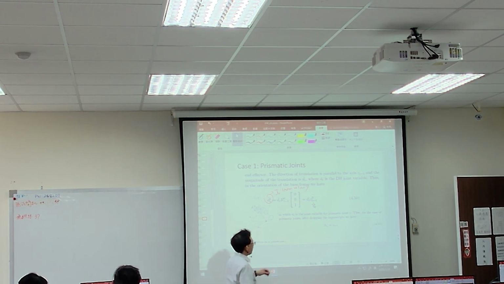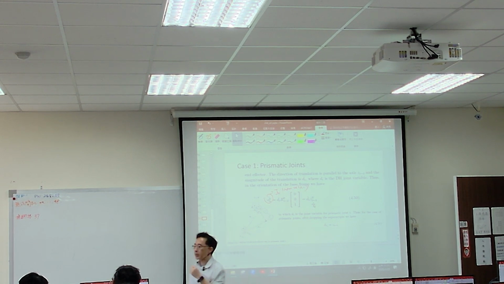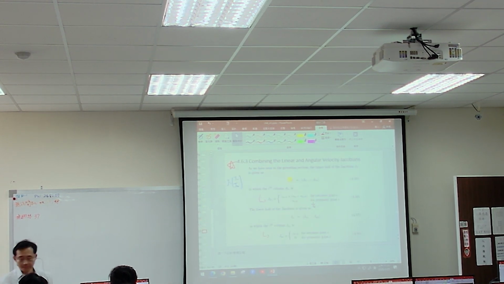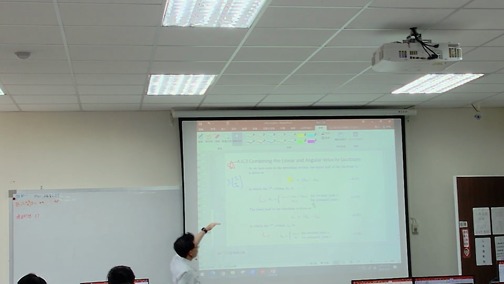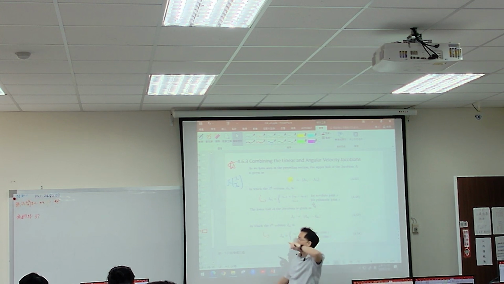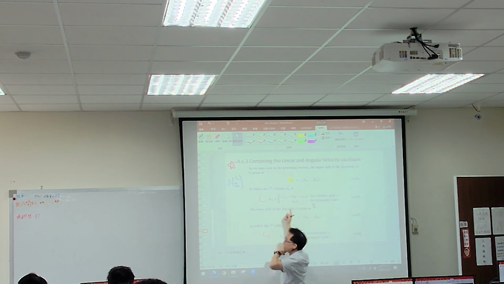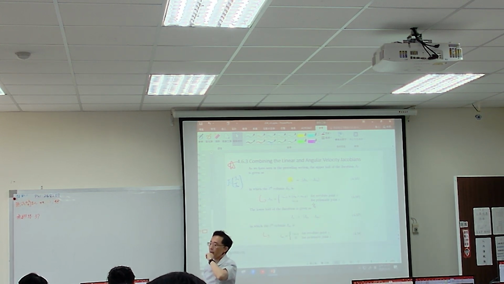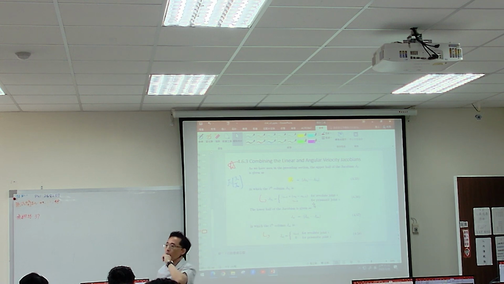They only leave z_(i-1) because it's a prismatic joint. So I'm explaining this section: for prismatic, the JV matrix only leaves the origin vector.